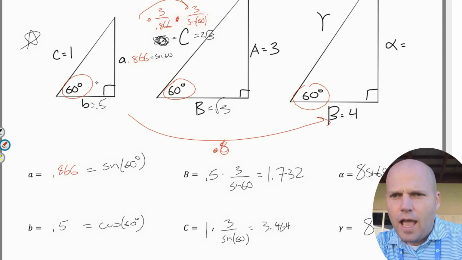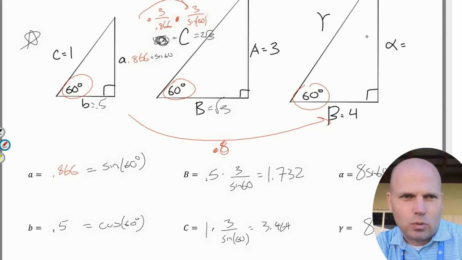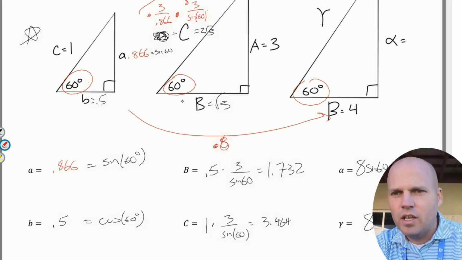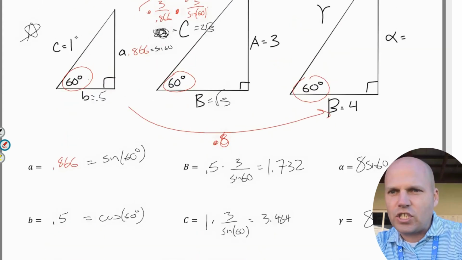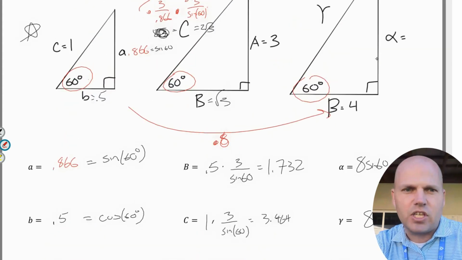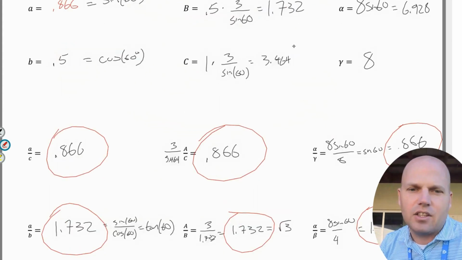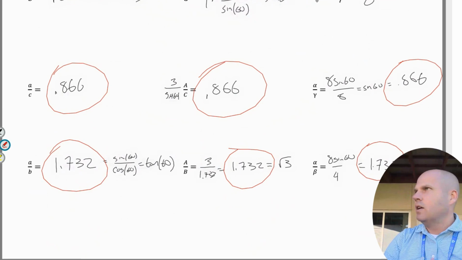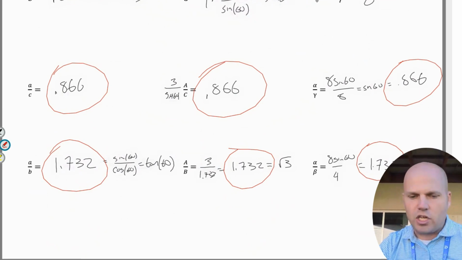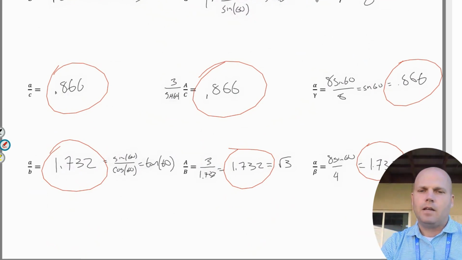So if you do A over B in this one, it's going to be the same as A over B in this one, which is the same as A over B in this one. If you do B over C here, you'll get the same as B over C here. You get the same as B over C here, whatever that is. So this is just showing you guys similarity, ratios, scaling.